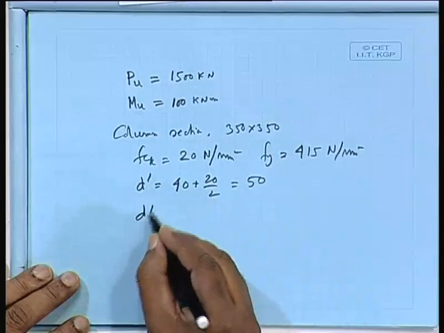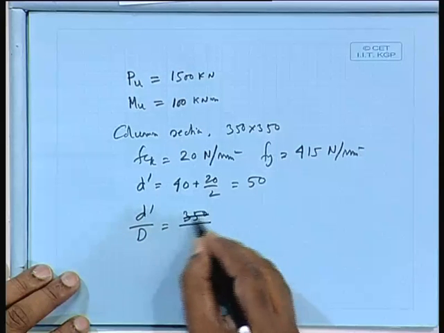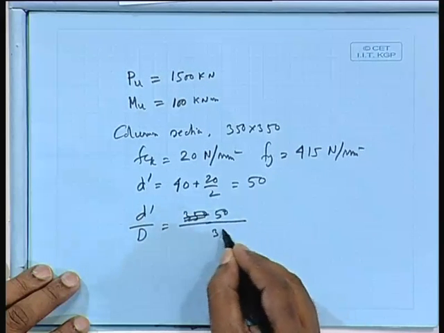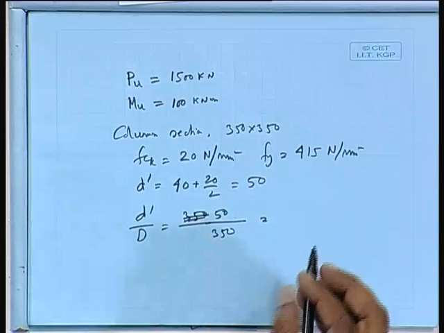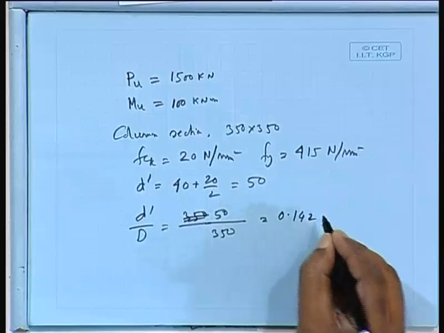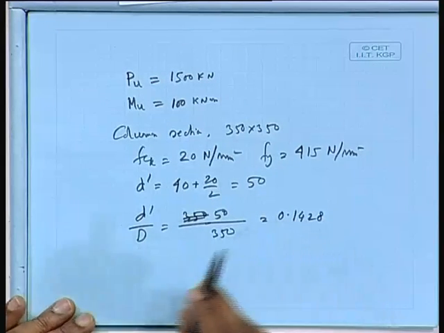So, what about d dash by d? d dash by d will be 50 by 350, so we can get 0.1428. d dash by d is 0.1428.